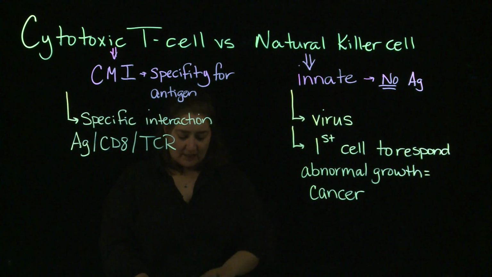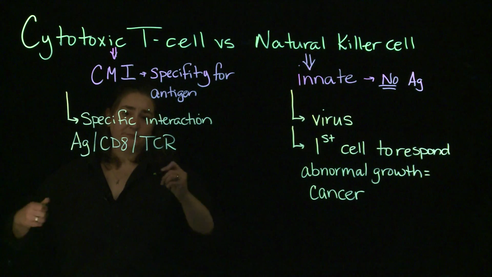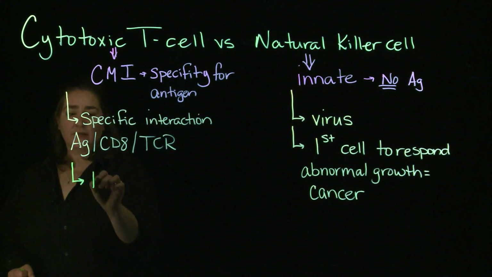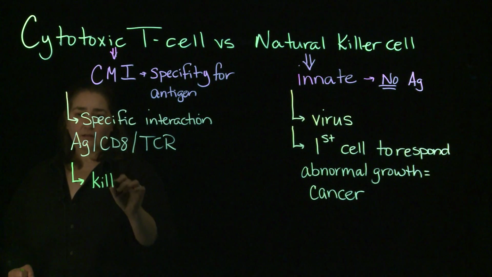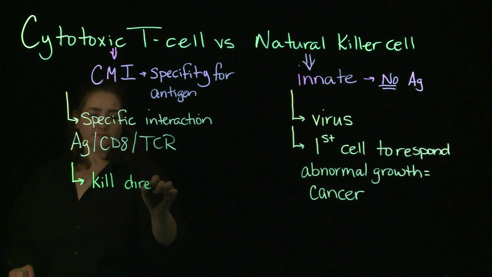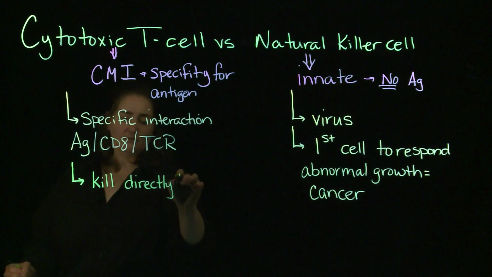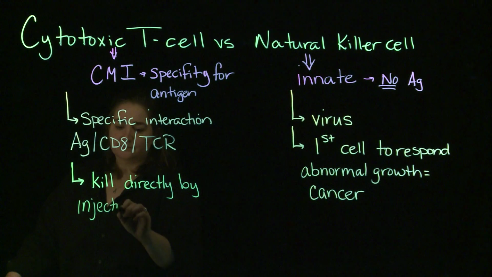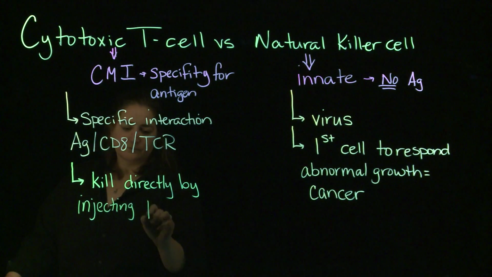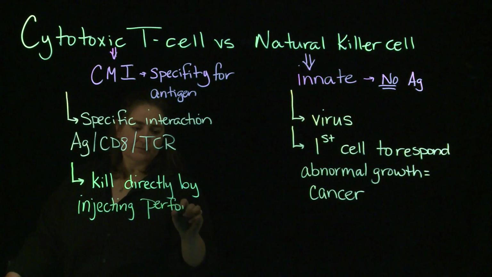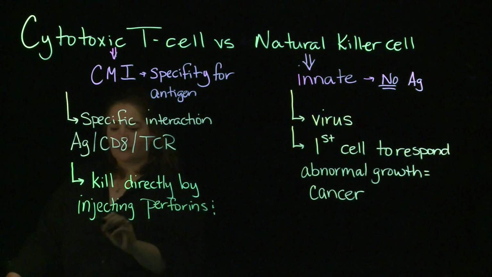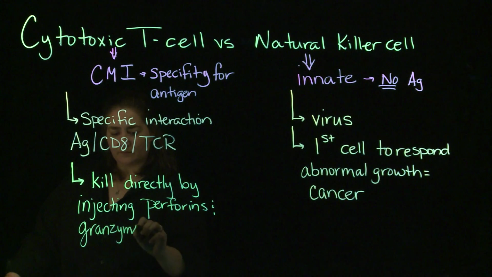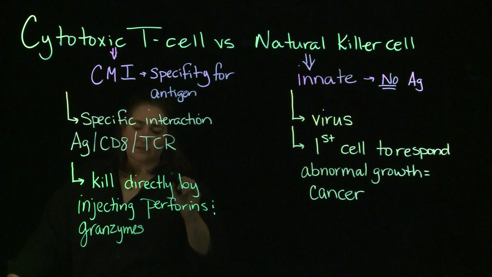Now this is where this gets a little interesting, because the cytotoxic T cells kill the cell directly by essentially injecting perforins and granzymes into the infected cell.